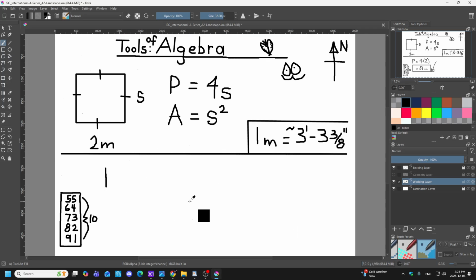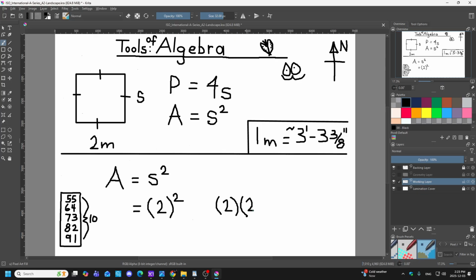Now let's solve for the surface area. s squared, substituting s is 2 squared, which is the same as saying 2 times 2.